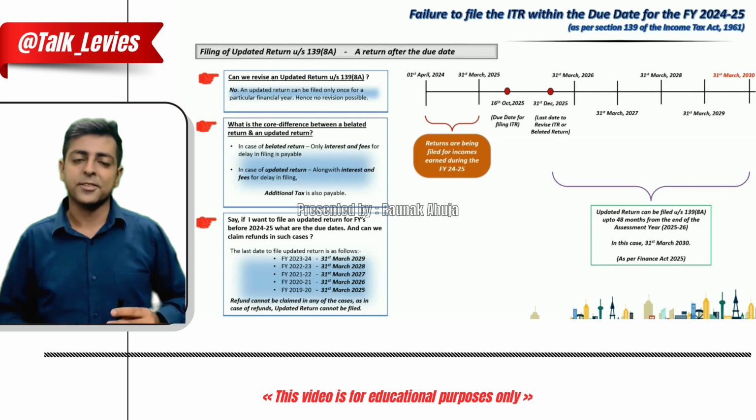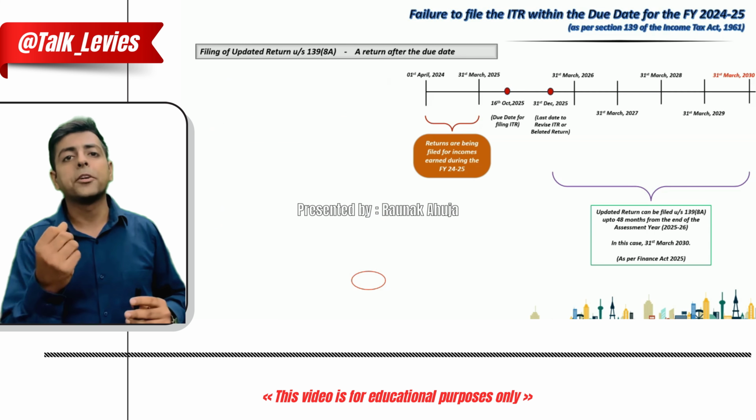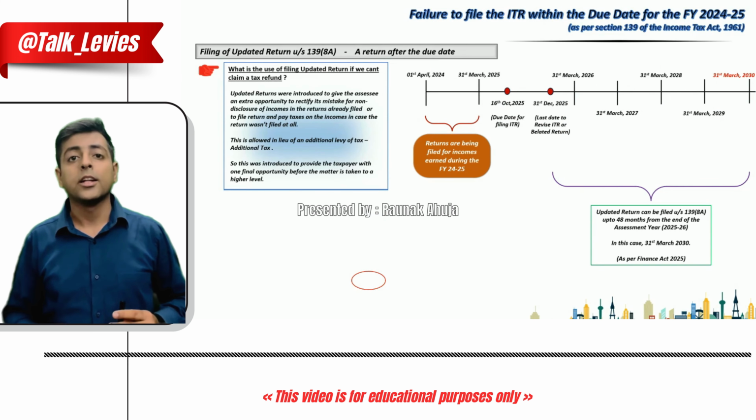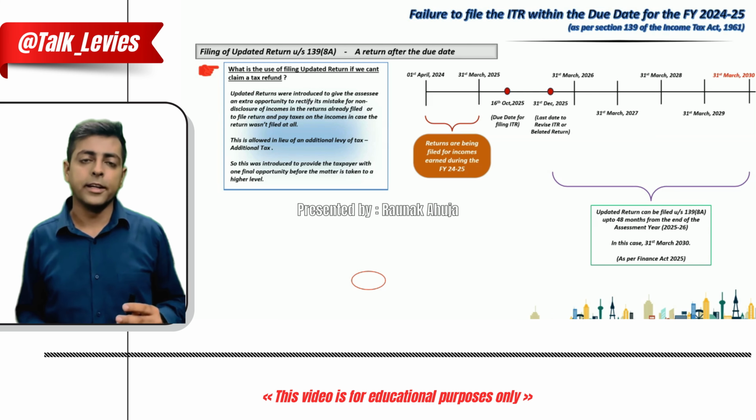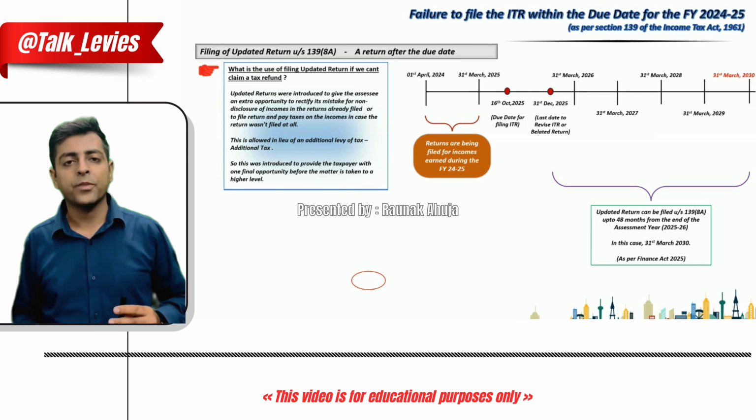Now, after all of these discussions, you might have a question that if we cannot claim a tax refund, why at all was the updated return introduced? Now, let me tell you in this regard, an updated return was introduced with the objective to make taxation more user friendly. Now, how is it so?